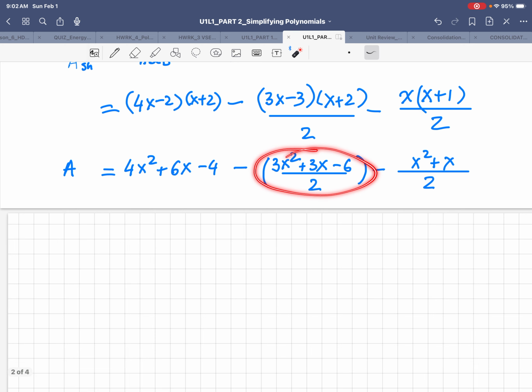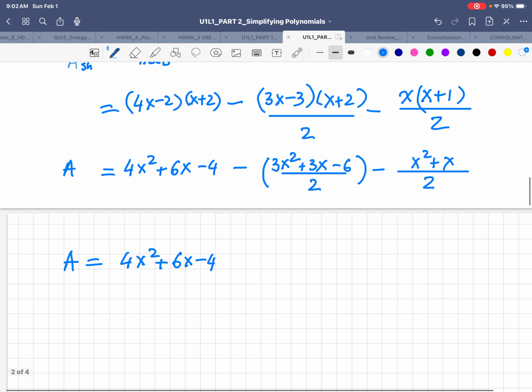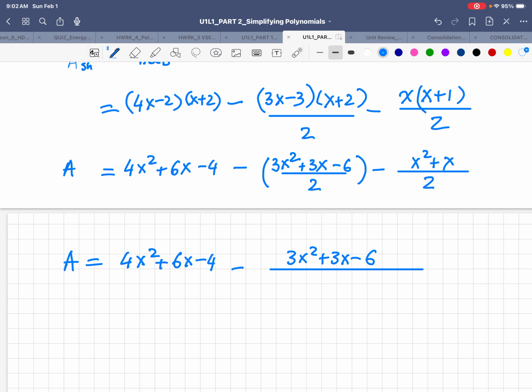Now, as you can see here, we have two fractions with the same denominator, which means that they can join each other. And we're going to write this as 4x squared plus 6x minus 4, and minus, so we're going to rewrite the first fraction, 3x squared plus 3x minus 6, as is.